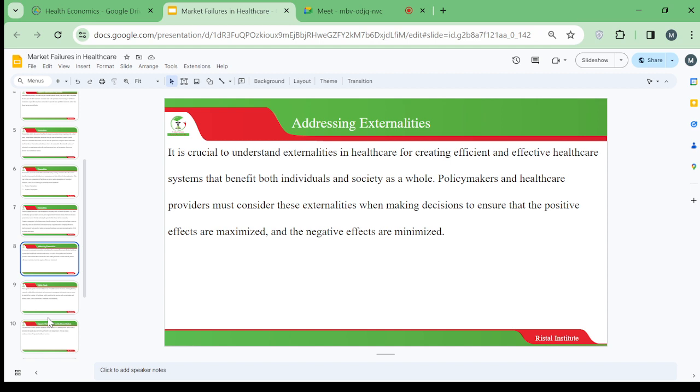So for every policy decision that is to be made, we must always look at the externalities that can happen. You maximize the positive externalities and minimize the negative externalities.